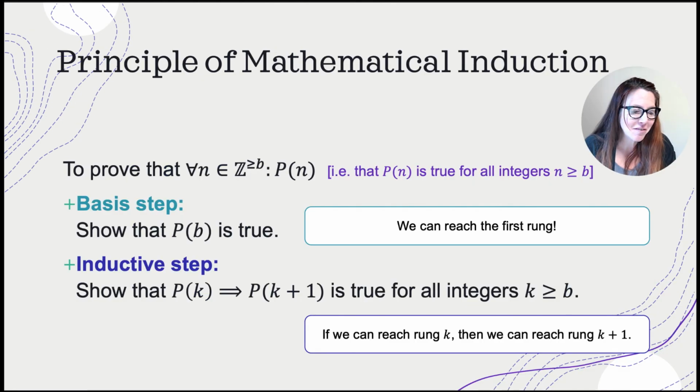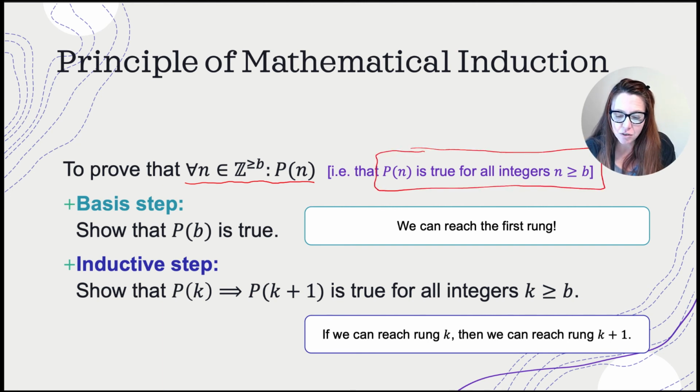The principle of mathematical induction is this: to prove that for all n in Z greater than or equal to b, that is, to show that p of n is true for all integers n greater than or equal to b, what we want to do is first show the basis step, and that is to show that this is true when n is equal to b.